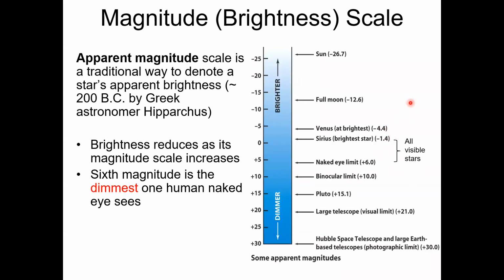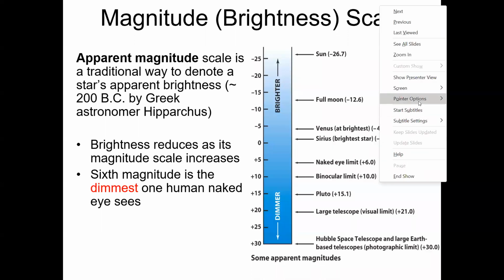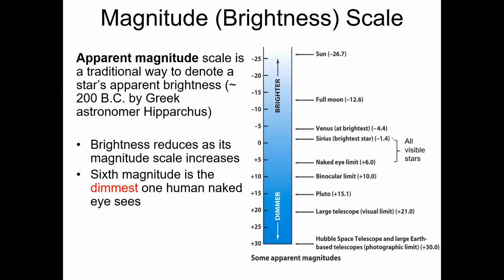So if you want to calculate how bright Venus is compared with Sirius, how many Siriuses is Venus? The answer is 2.5 to the power of this minus this magnitude.